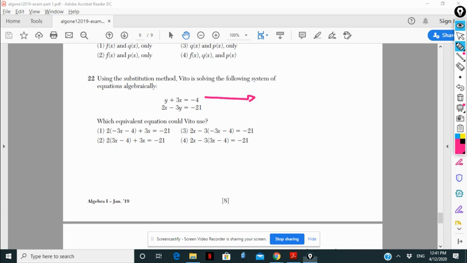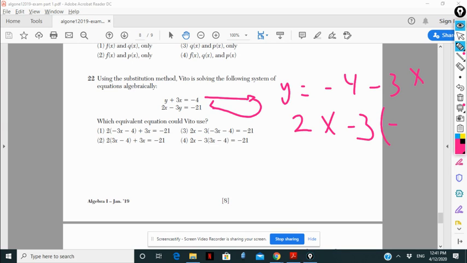So here I said y equals negative 4 minus 3x. And since it's substitution, I plug in here for the y value, so it should be 2x minus 3 times negative 4 minus 3x equal to negative 21. So this is the one I'm looking for. So 2x minus 3 times this is the equation, which should be number 3.